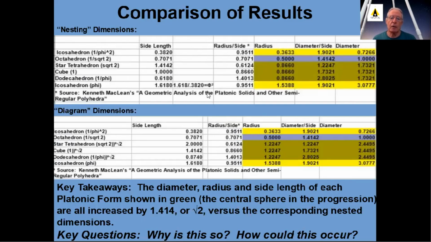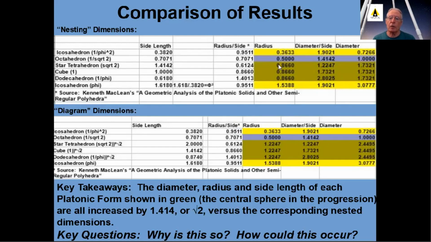If you look at the top, for the side length, in the second case, I took the radius as the given, and given the same relationships of radius to side, I was able to develop the side length and diameter of the Platonic forms with respect to the dimensions given in the diagram.